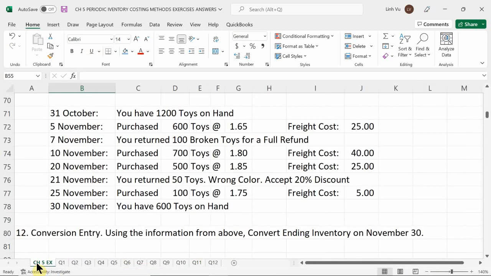November 10. We end up purchasing 700 toys at $1.80 with a freight of 40. So 700, 180, and 40.